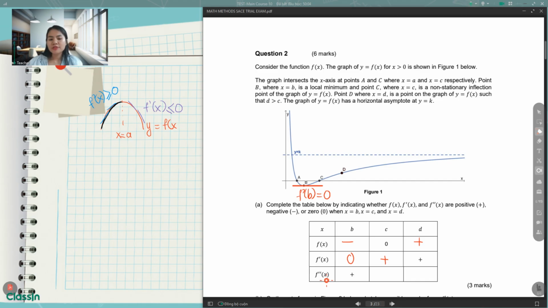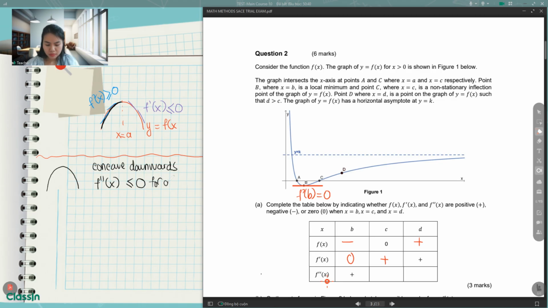To determine the sign for the second derivative, you will take a look at the shape of the graph y equals f(x). So let's review a little bit about the second derivative. This is called concave downwards. If the graph is concave downwards on an interval S, then the second derivative f''(x) would be less than or equal to 0 for all x belonging to that interval.